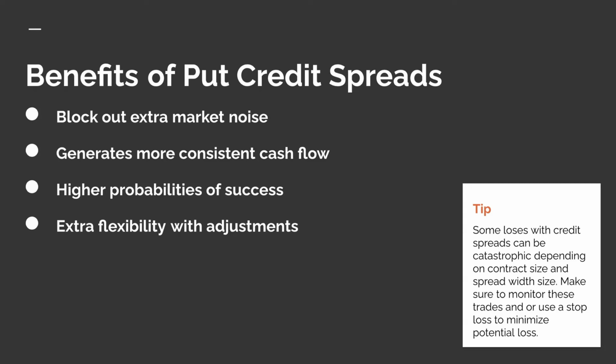So with all the extra market noise, I don't know if any of you watching this can relate to this, but when I first started trading options, I was going with the fast scalp approach, getting in and getting out, and it didn't work for me because it was a lot of market noise.